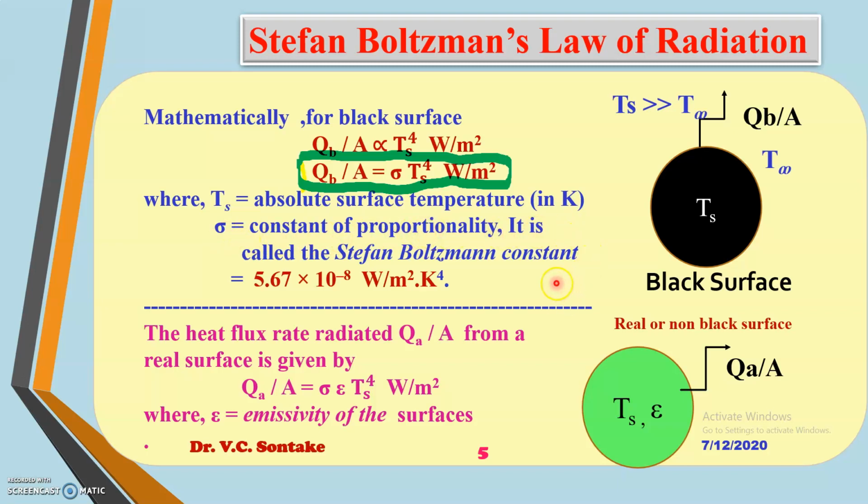It is also called the Stefan Boltzmann constant and its value is given as 5.67 into 10 to power minus 8 watt per meter square Kelvin power 4.